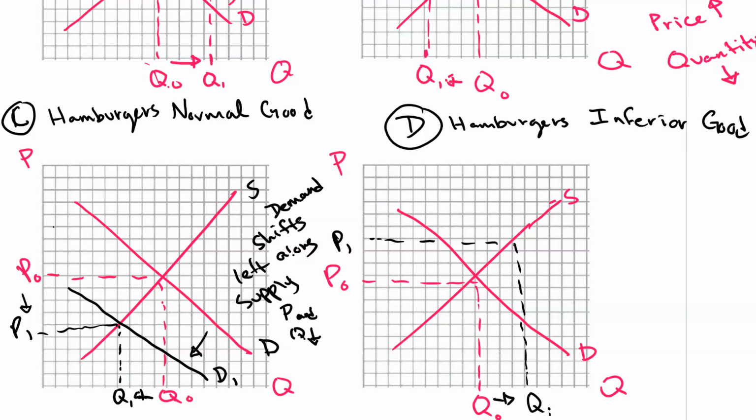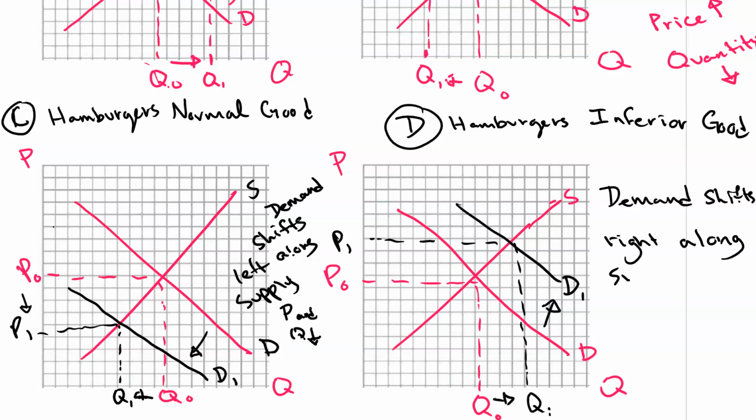So in this case, we've got demand shifting right instead of left. And our price and quantity increase.